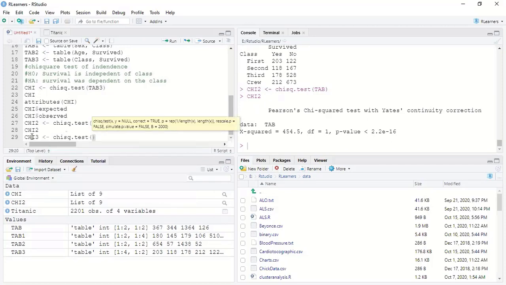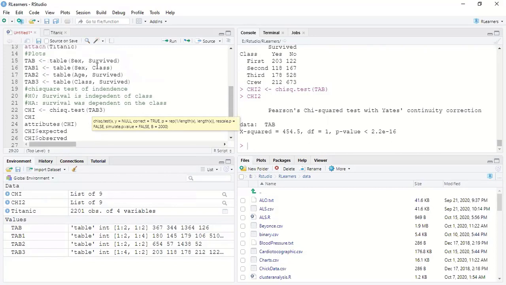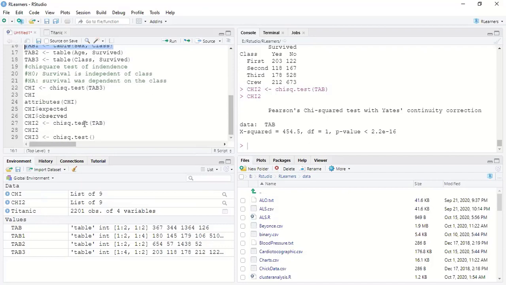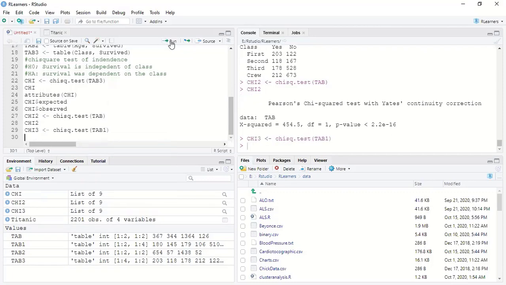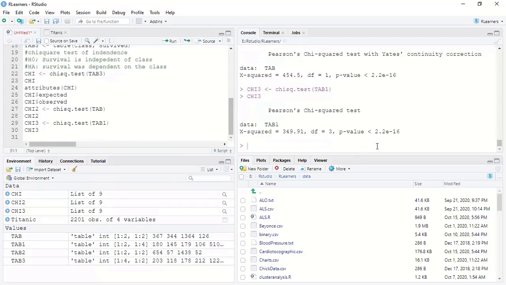Let's check whether sex and class were related, whether your gender was dependent on the class that you were placed in. Let's do chi number 3. Okay. So all these things mattered.